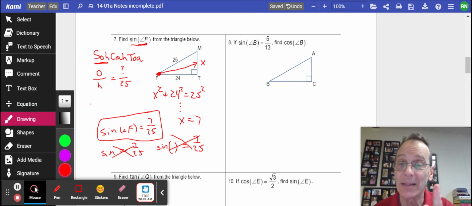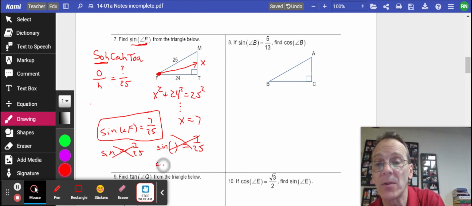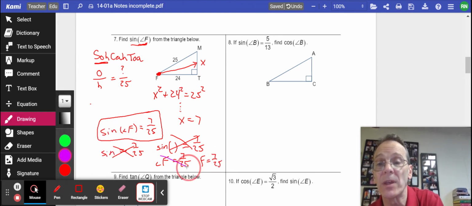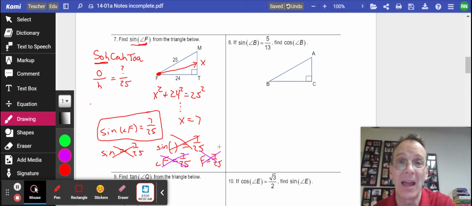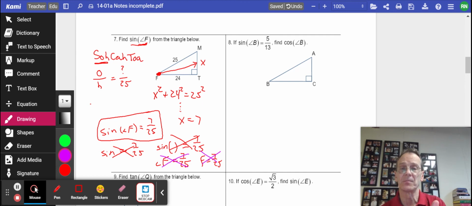But students usually don't write those 2 bad things. Here's what they write very commonly that is really bad and really wrong. They'll write angle F equals 7/25, or maybe just F equals 7/25. That would be really, really bad and wrong. We don't know what the measure of angle F is in this problem.